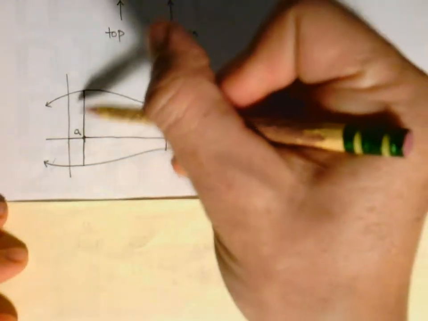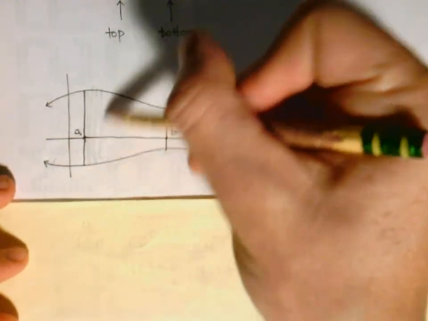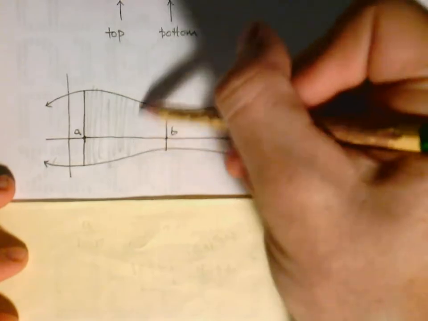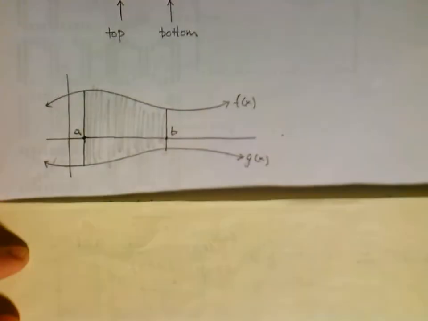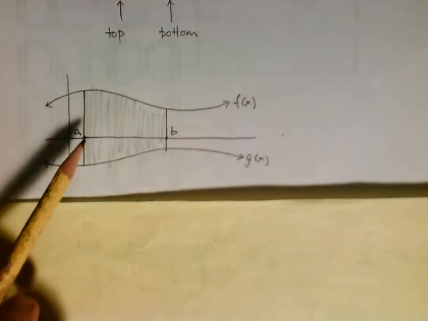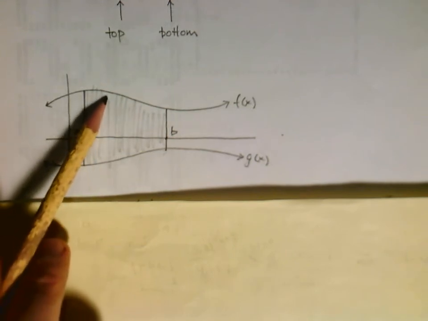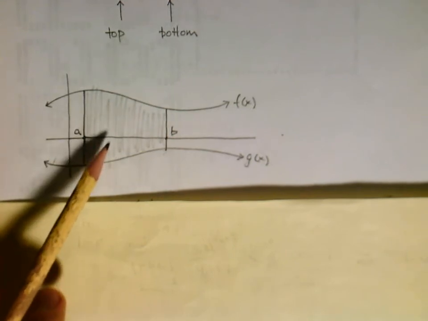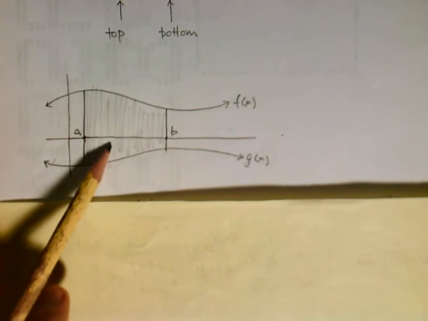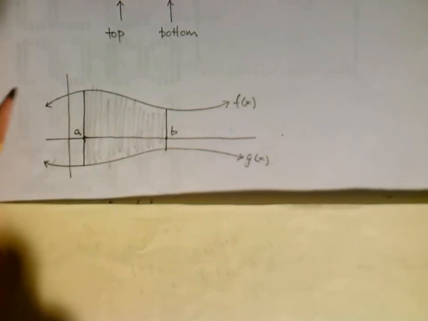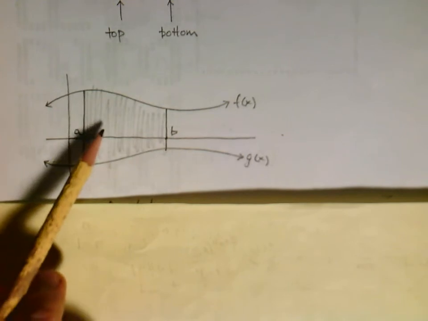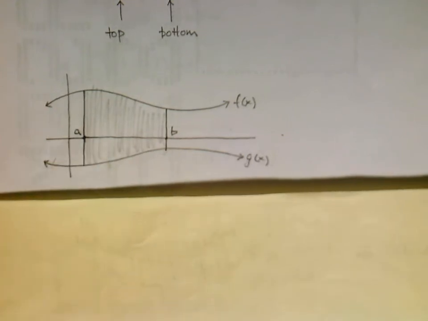And this is the area that we want. And people think, well, then aren't we adding? Aren't we taking the area beneath f and adding it with the area for g, where before we were subtracting? If this is the case, should we add? And well, I mean, you got a good point there.